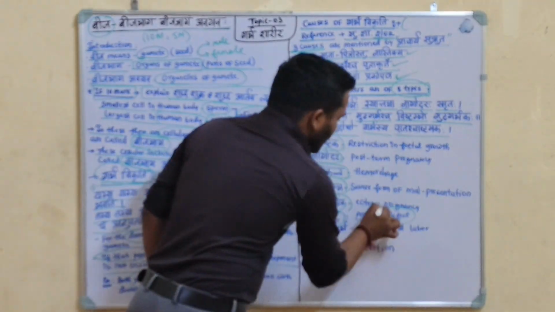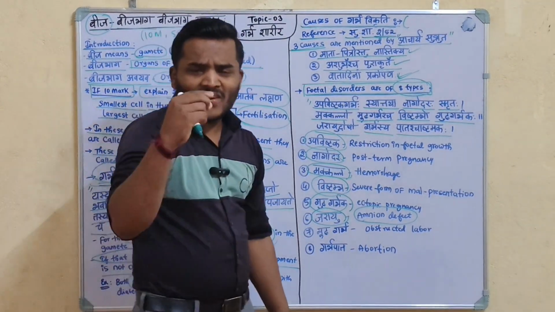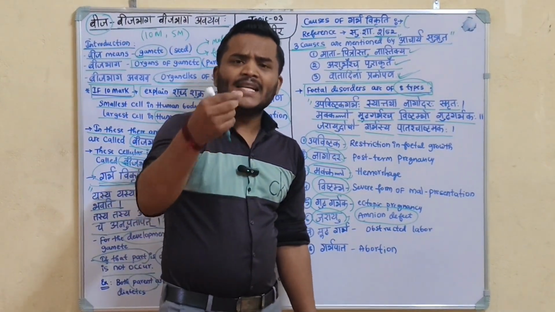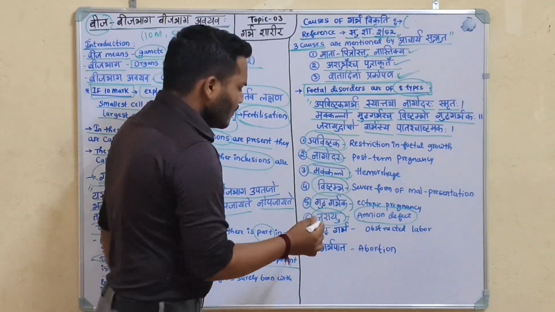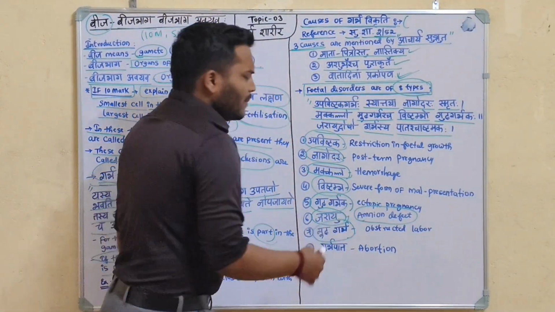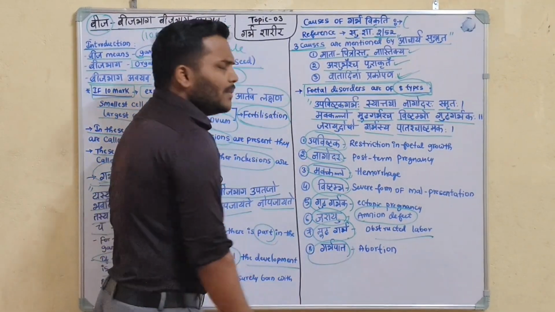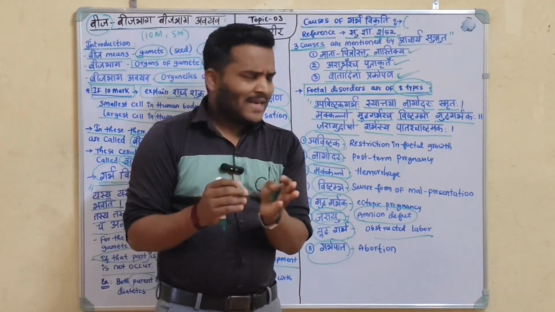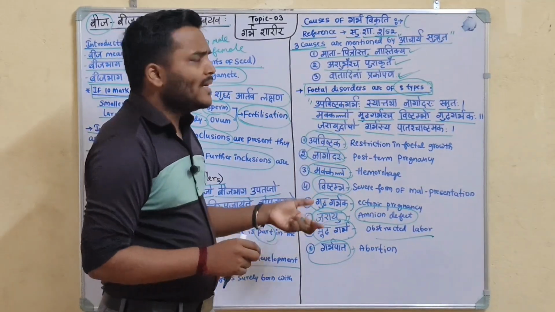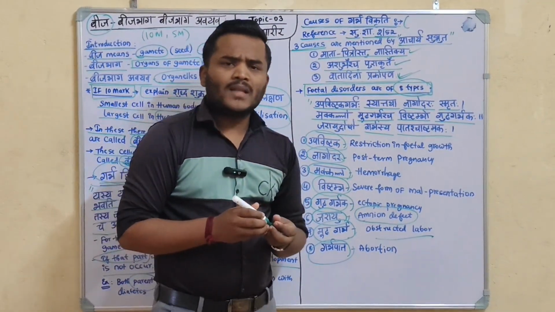If any defect in amnion, it leads to garbha vikruti. Mooda garbha means obstructed labor. And garbhapata it refers to the abortion. These are 8 fetal diseases explained in Ayurveda.